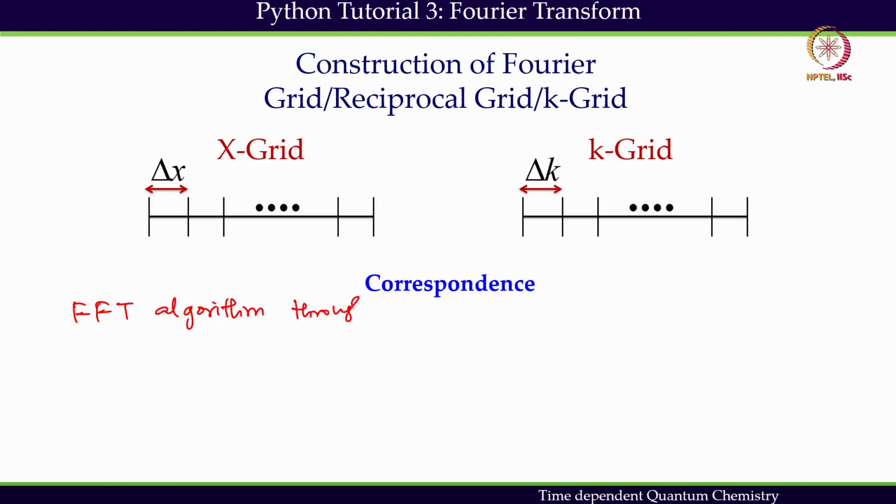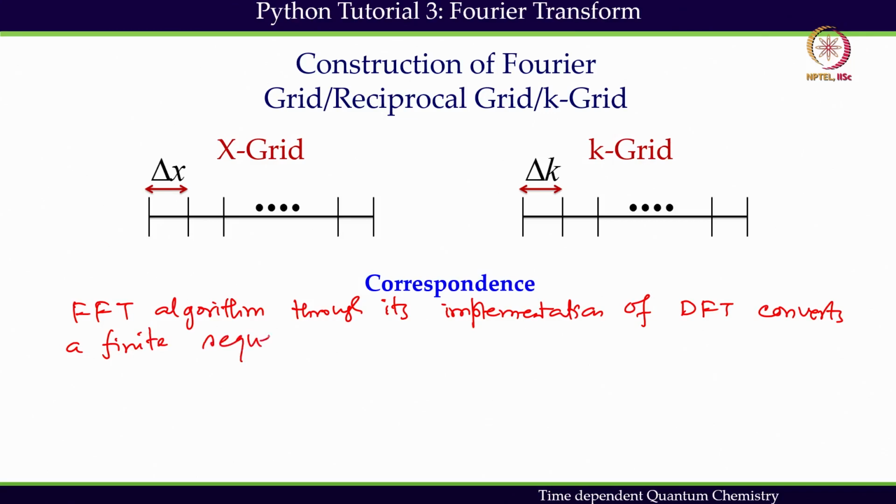through its implementation of this discrete Fourier transform theory converts a finite sequence of equally spaced samples of real space domain.